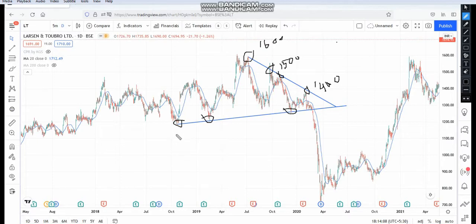Likewise, the buyers have put more pressure to push up the counter. Here it is almost 1200. You can see here it is 1300. Here it is 1350. Let us take it as the third point. Okay, so there is pressure from the buyer side.